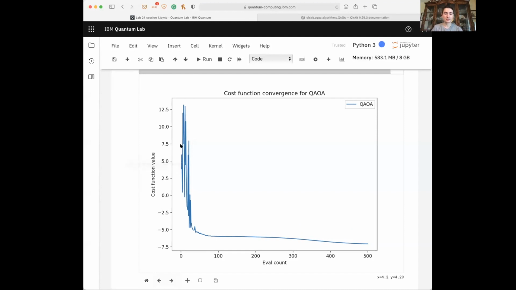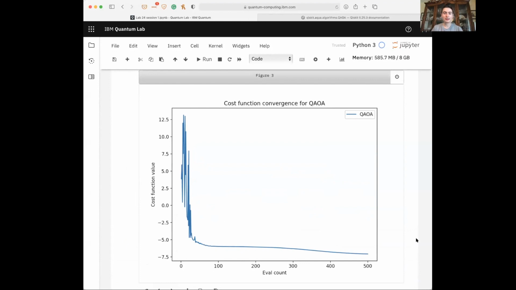We start off with some kind of crazy random guesses, but over time, we're getting better and better and better. And you can see that the QAOA is gradually converging to whatever our optimal cost function is. So after 500 iterations, we seem to be at a pretty decently low value. And that's it.